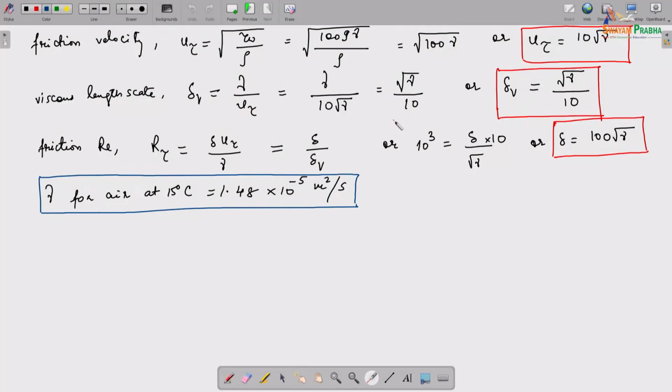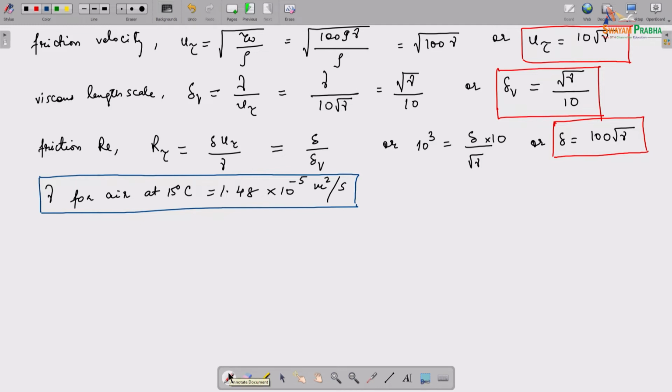So, we go there, and then we figure out the values, and what we see here is, so we got these from last class, okay, and so we got the corresponding velocity, the length scale, and this is of course the height of the boundary layer, the thickness of the boundary layer, let's put it that way, and this is the viscous length scale that we are talking about here, okay. And then of course, you have the friction Re and so on.